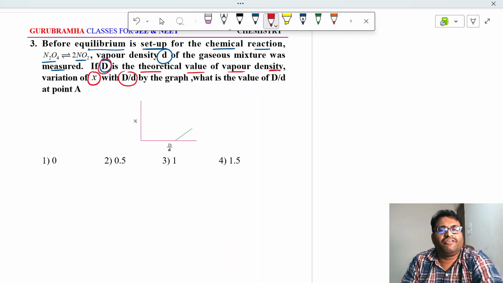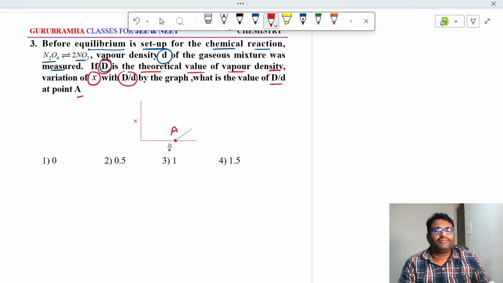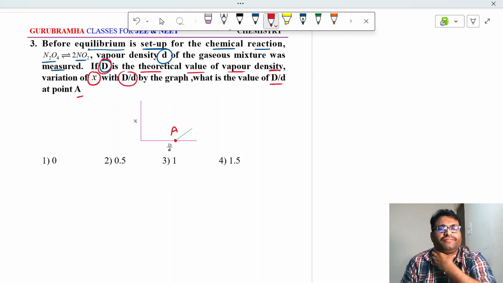What is the value of D by d at point A? So this is point A, and the graph is drawn between x and D by d.